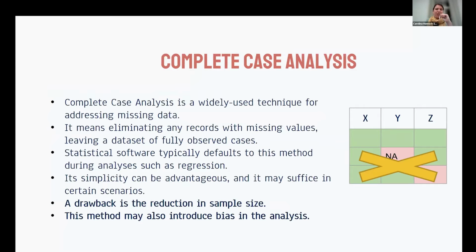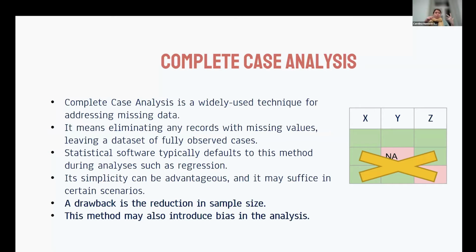And one common way of dealing with these missing data is to simply say, okay, I will do a complete case analysis in the following. So I will simply delete any records with missing values in the variables that I will need for my estimation of means or variances, or maybe I want to do a regression of some type. And I just use the ones where all the variables that I need are available.